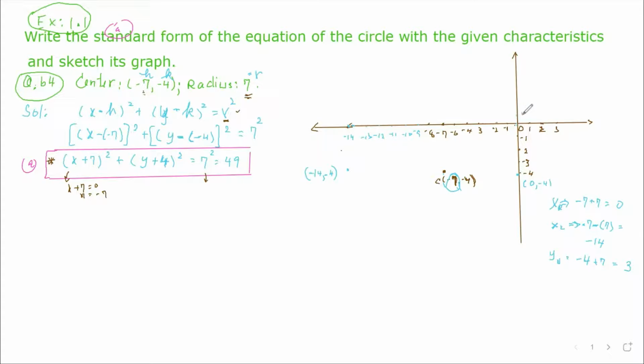So this is next 1, 2, 3 here. So this one is going to be 3 here. From this point you go up, okay, and then 3 right here, because the y value can be 3. So x is negative 7, but go up here, y. So x becomes negative 7 and y becomes 3.